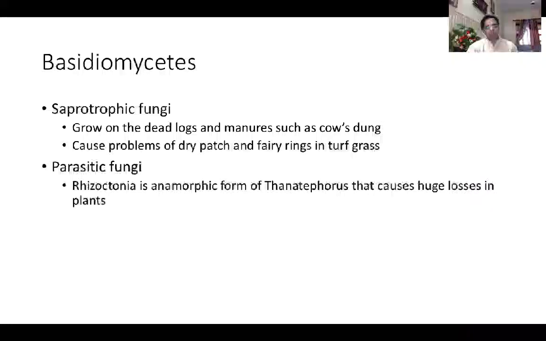Then a number of Basidiomycetes are important parasites, especially in plants. Like Rhizoctonia is an anamorphic form of Thanatophorus, and Rhizoctonia is a very important pathogen in a huge group of diverse plants, and they cause losses.